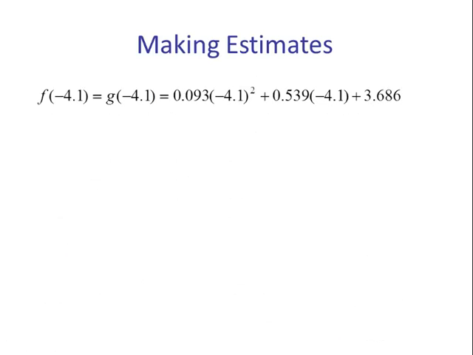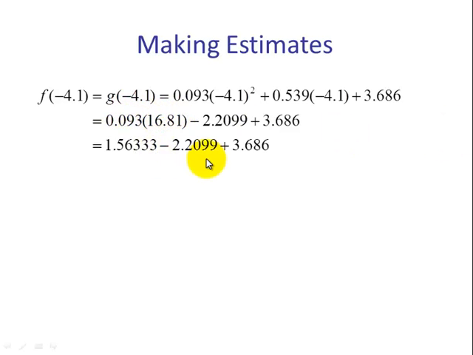So next, if we take the year and plug it back into the model for t equals -4.1, we want to find what is f of -4.1 or what is g of -4.1. These will be the same answer. Following the order of operations, square first, multiply, subtract, then add.